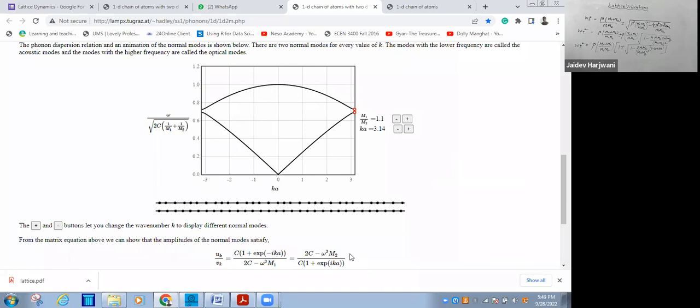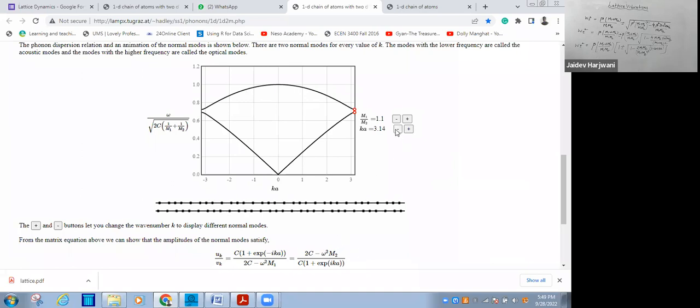In the acoustic branch, the heavier atom is moving and the lighter atom is at rest. In the upper branch, the heavier atom M1 is at rest and only M2 is moving.